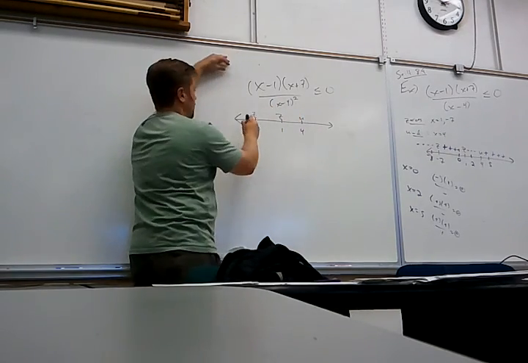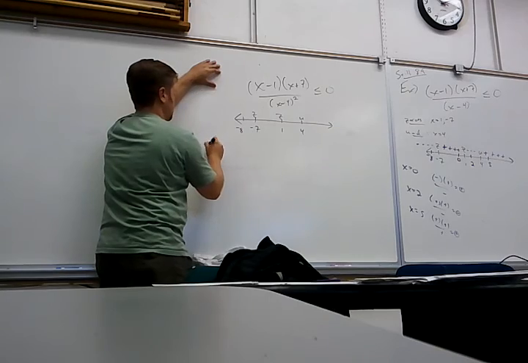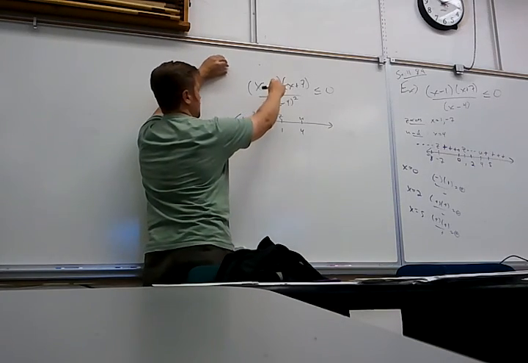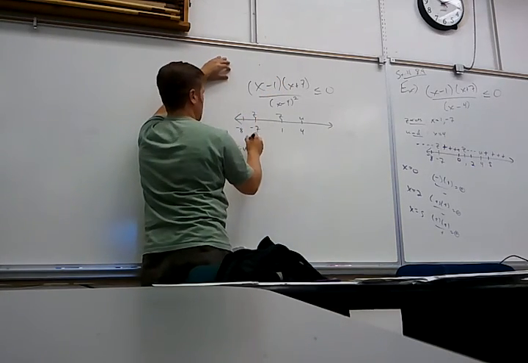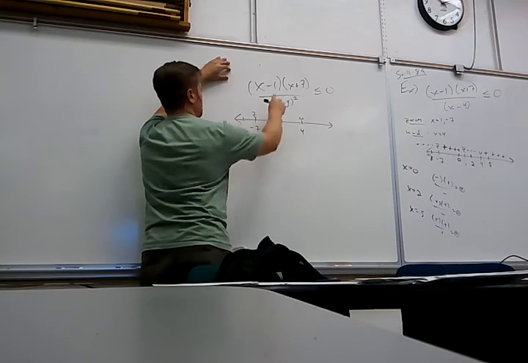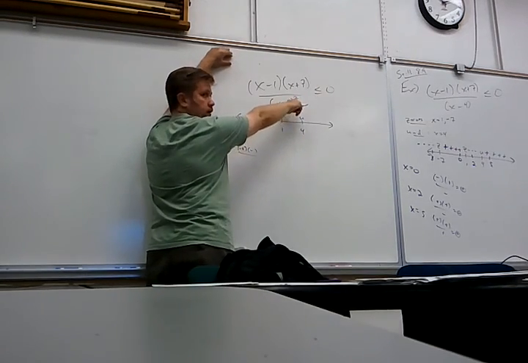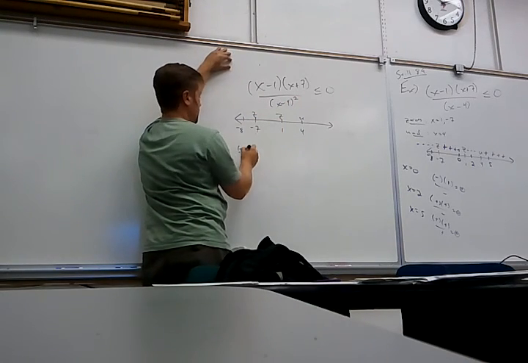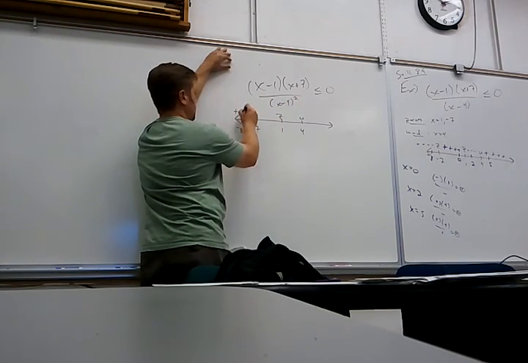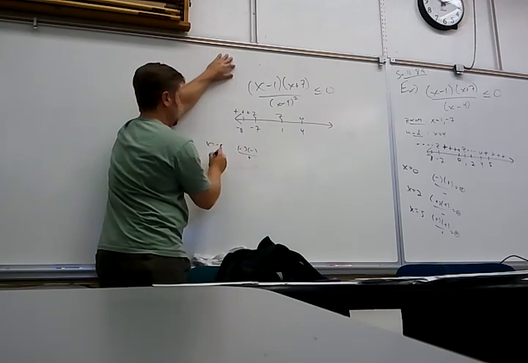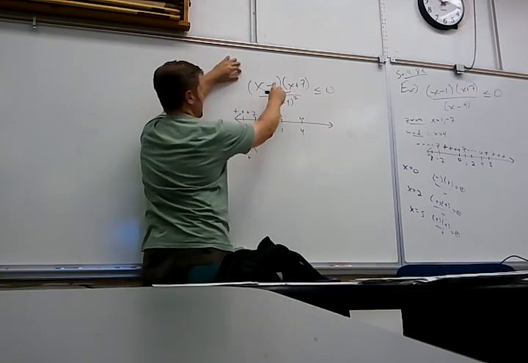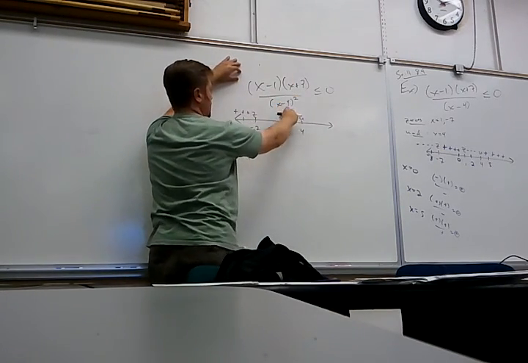But now when I put in -8, I get negative times negative over positive. That's always going to be positive now, right? If I put in 0, I get negative times positive over positive.